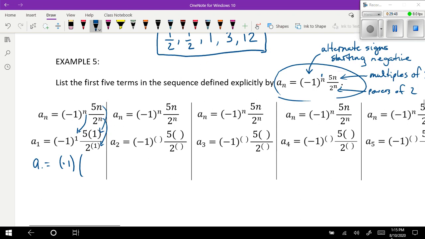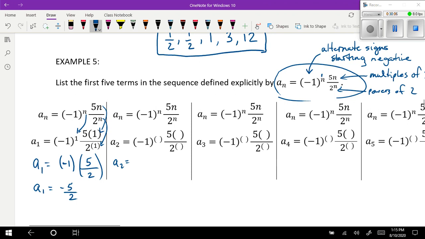So this gives me 5 on the top, and then 2 to the first is just 2 on the bottom. Let's make it look nice. And this is -1, so my a sub 1 is -5/2.